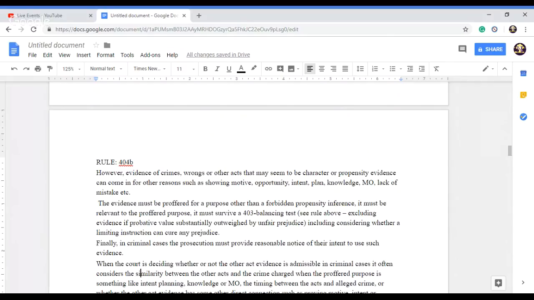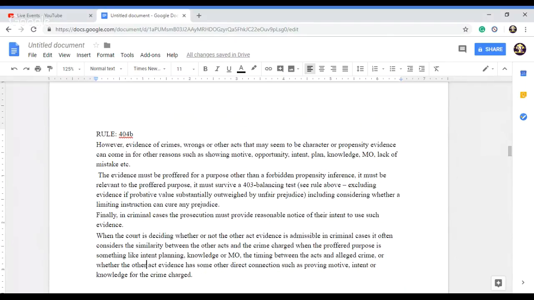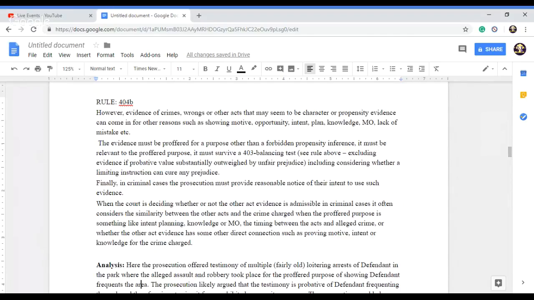So if you're bringing it in, you've got to consider these factors: other acts and crimes charged when the proper purpose is something like intent, planning, knowledge, or whether the other act or evidence has some direct connection, such as providing motive, intent, or knowledge of the charged crime.